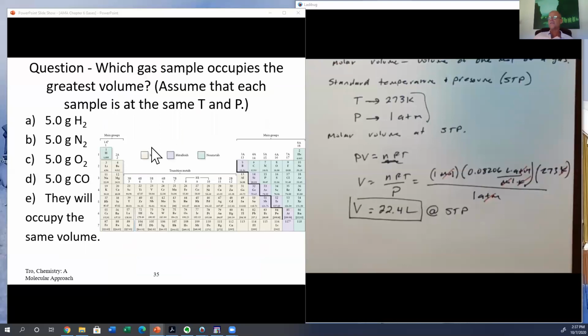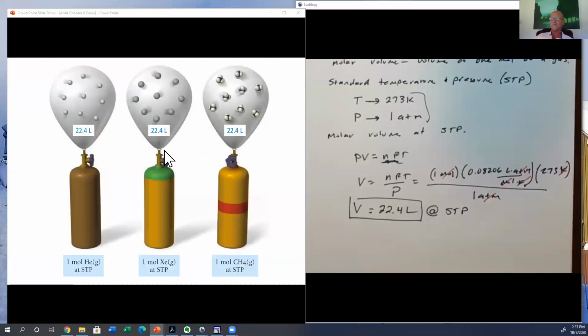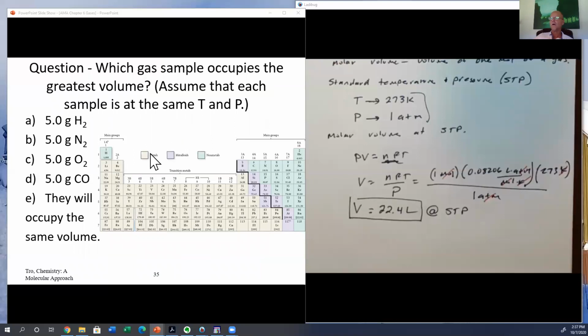All right, let's see if you can answer this. Given what you know here, which gas sample occupies the greatest volume? Now notice that this is listed by grams, not by moles. So which one of these is going to occupy the greatest volume?